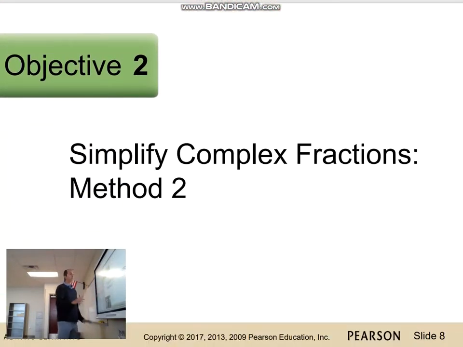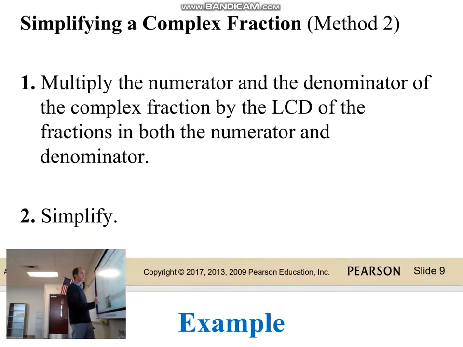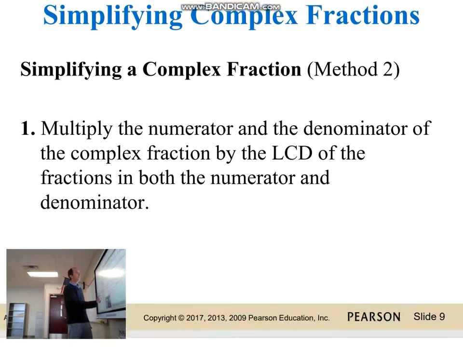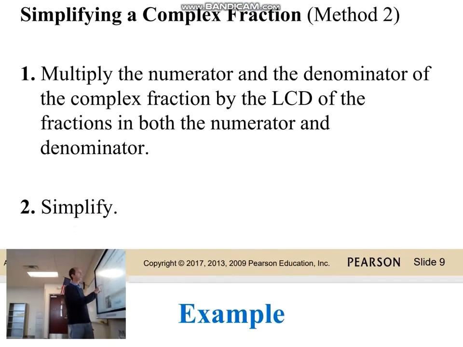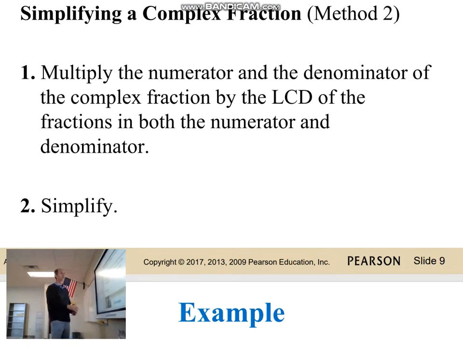Now, objective number 2, simplifying complex fractions using the second method. The step-by-step of this method is: first, multiply the numerator and denominator of the complex fraction by the least common denominator of the fractions in both the numerator and denominator, and then simplify.